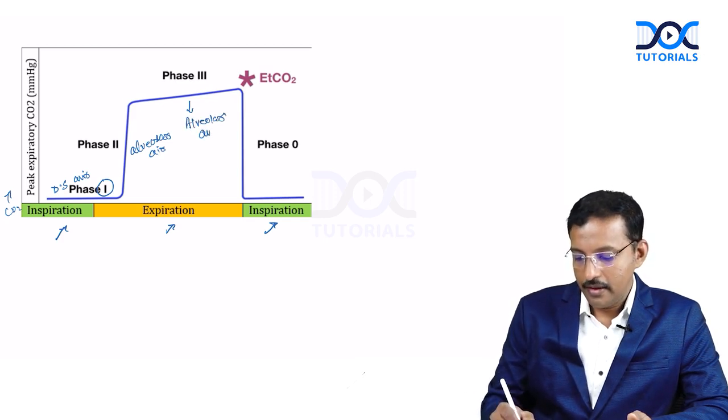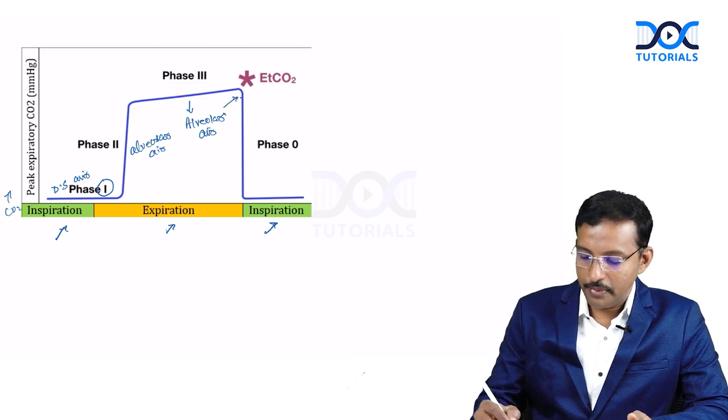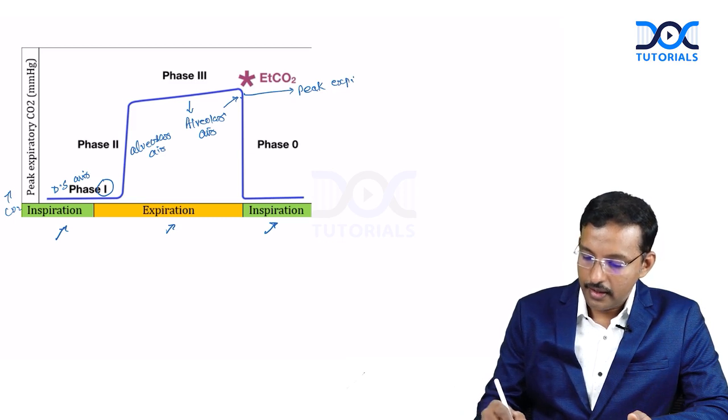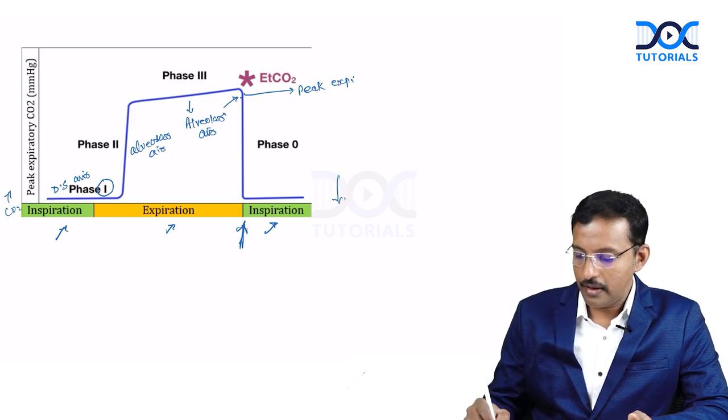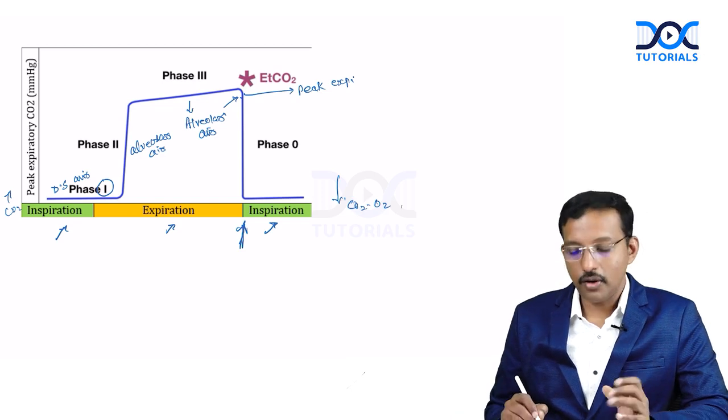and then at the end of expiration, this is the peak expiration, you get the EtCO2 value, and then the inspiration starts. As you can see from here, once the inspiration starts, the carbon dioxide level comes down to 0. Okay, this is a normal graph.